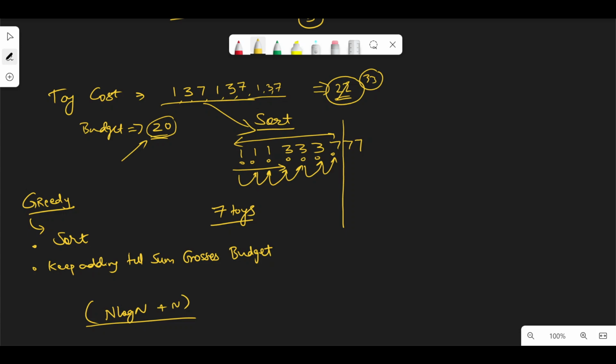Now let's add the complexity of the toys breaking. If the toys are breaking, that means your costs array has to change. And because the cost array has to change, you might have to repeat this process.